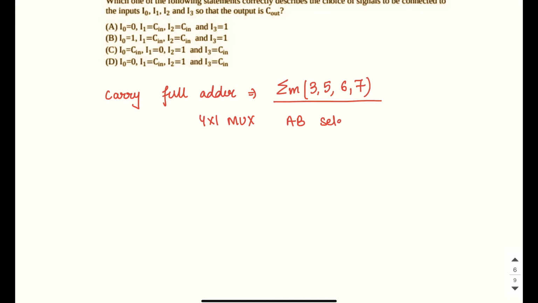So for a full adder, the carry is actually expressed as sigma m of 3, 5, 6 and 7. We know this actually, and based on this information we just have to implement this function using a 4x1 mux, given that A and B are the select lines and obviously C is the input.